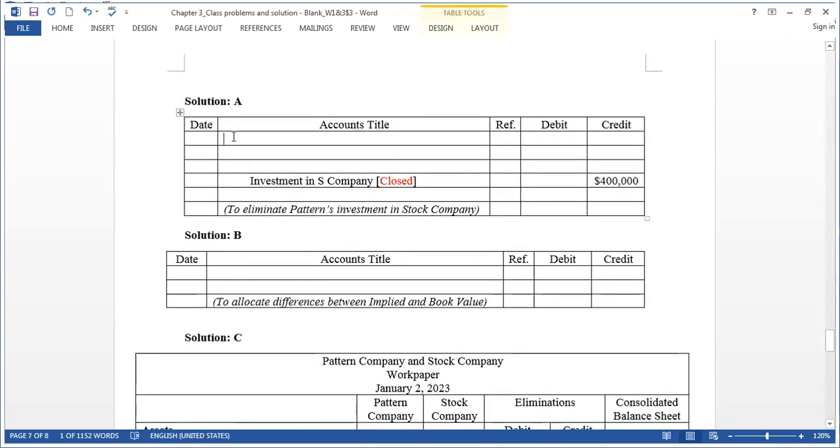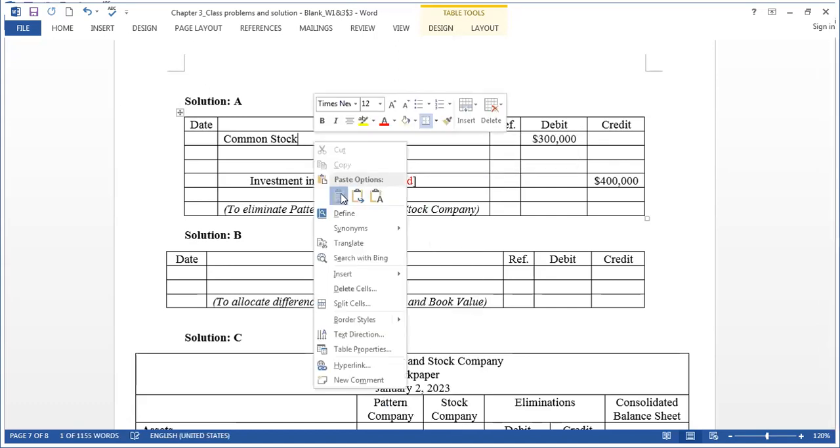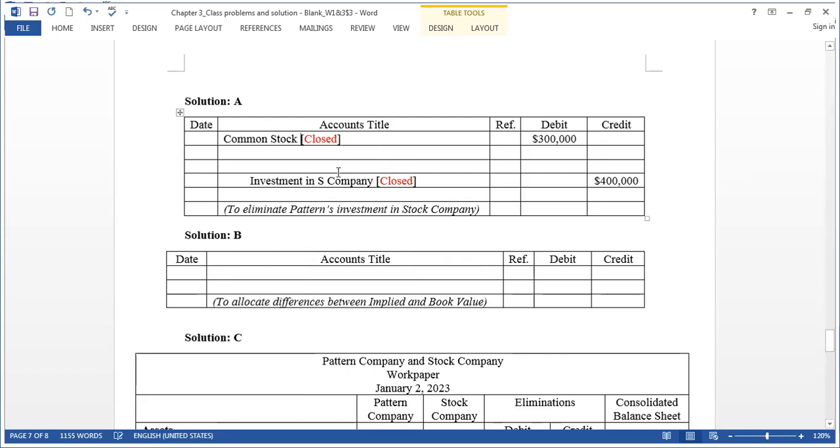Then we have to close the common stock of the subsidiary. What was the common stock of the subsidiary? If you remember, it is $300,000. So common stock is closed.